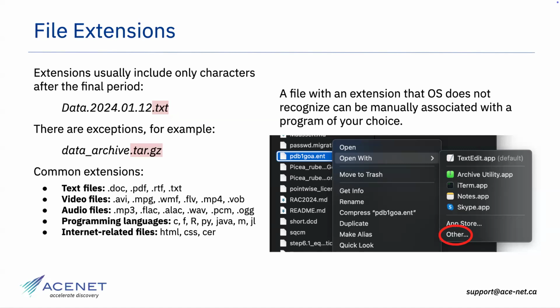Windows, for example, relies heavily on file extensions, and Windows programs will not open files without them. Linux and Macs rely on extensions when they are available, but they typically permit opening files without extensions as long as you are using the right program.